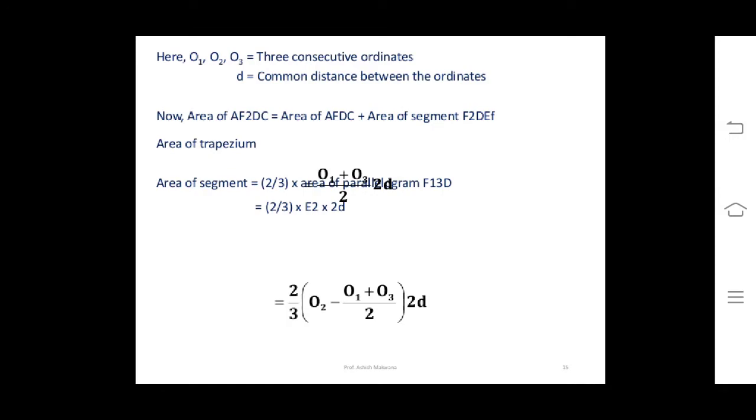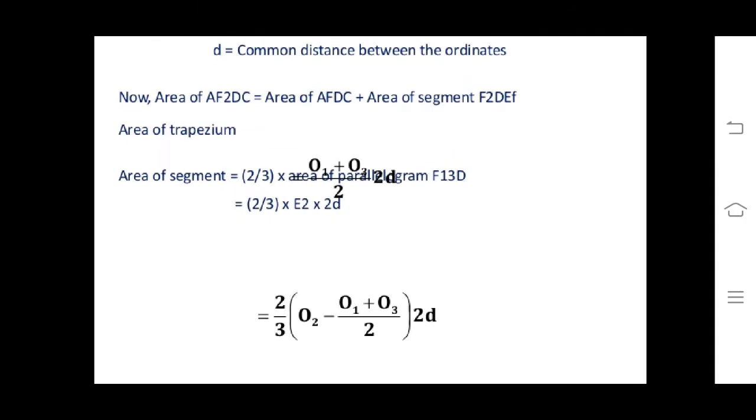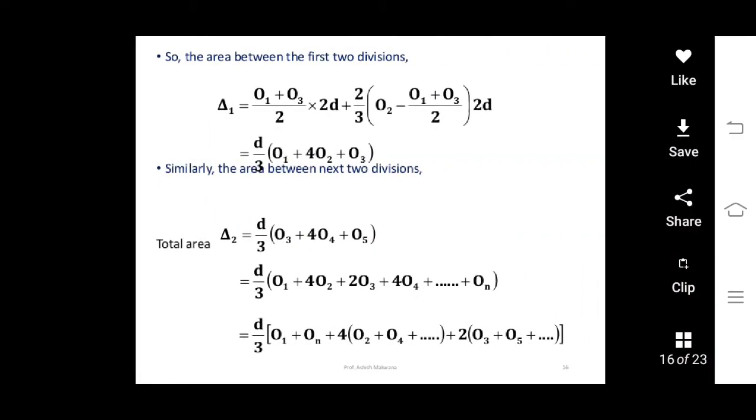The area of segment and trapezium can be calculated by two-third area of parallelogram F13D, that is two-third of E2 into 2 times D, and the total area is calculated by two-third of (O2 minus (O1 plus O3) upon 2) into 2 times D.